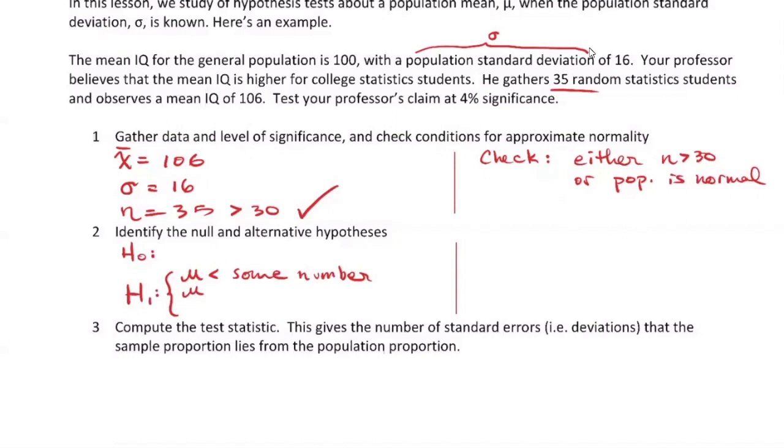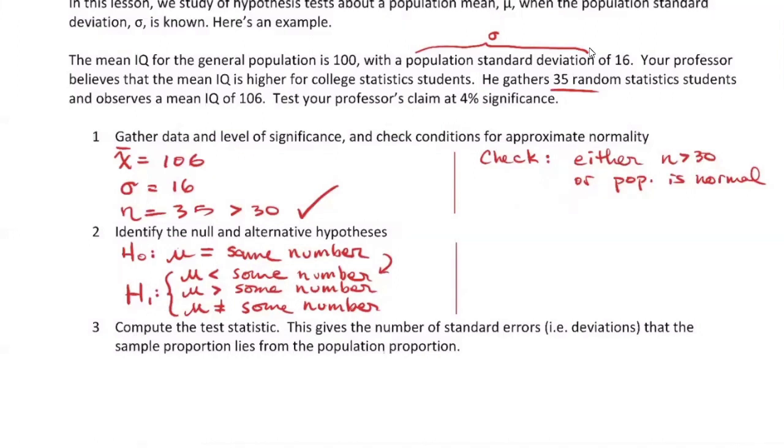Mu is greater than some number. Or mu is not equal to some number. So that's the main difference so far, is it's a claim about mu, not p. And then the null hypothesis has to say that mu is equal to that number. Okay, so I'll say the same number as below.